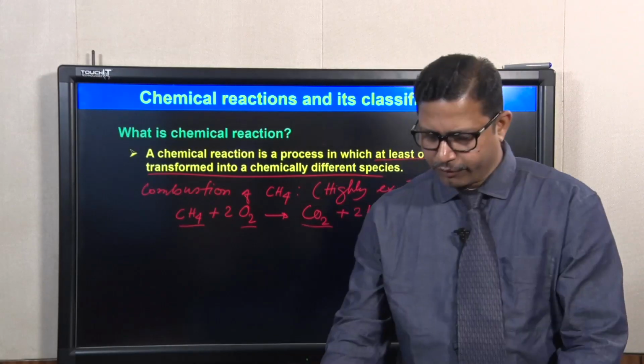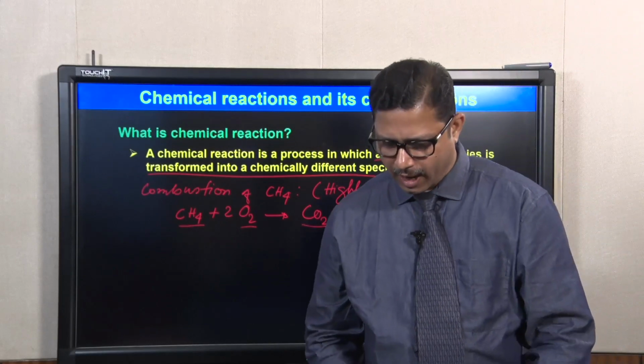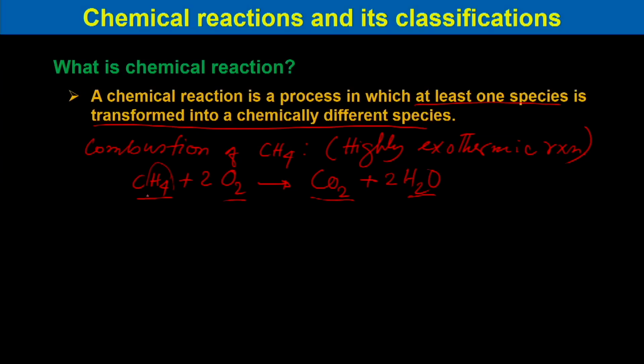That means, before the reactions, the reactants had 4 hydrogen, 4H from methane, and after the reactions you could see also 4H. Before reactions we had 1 carbon and after the reactions we have 1 carbon.